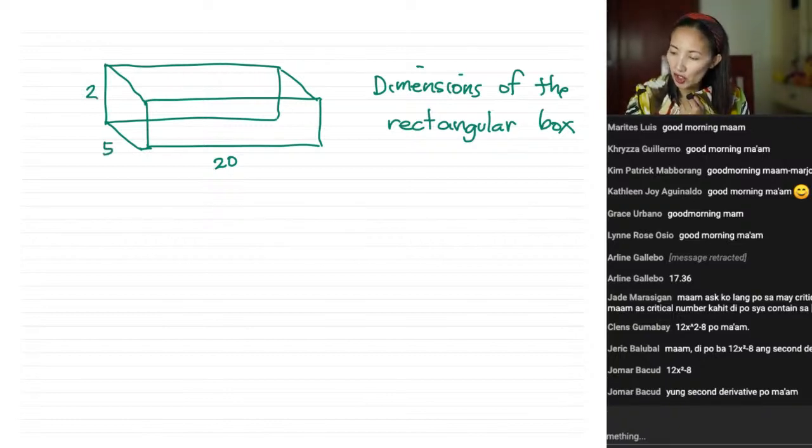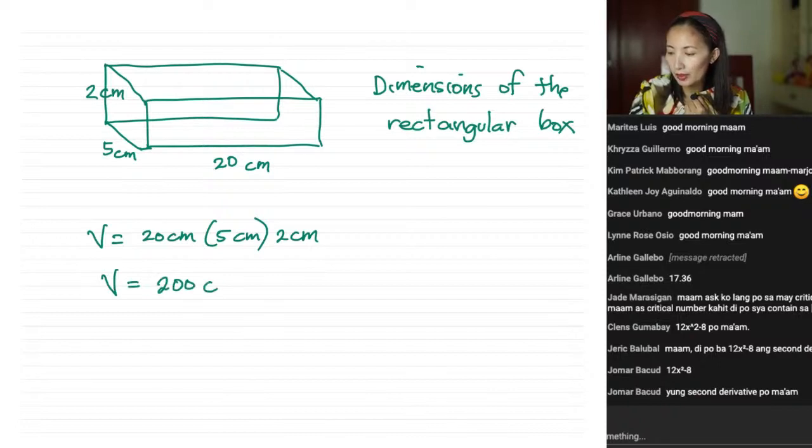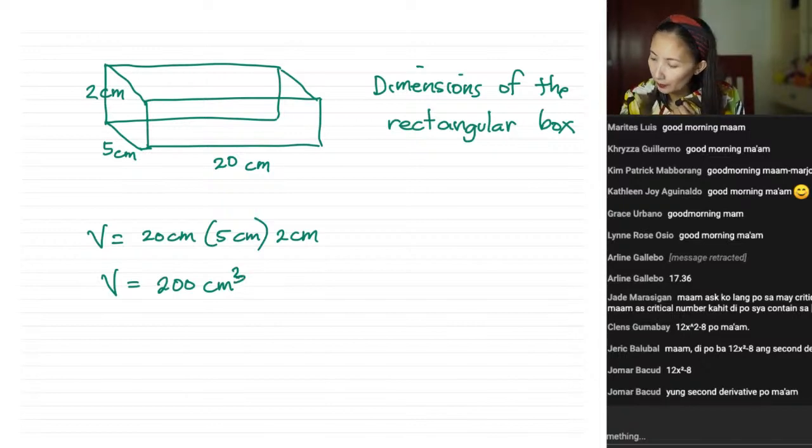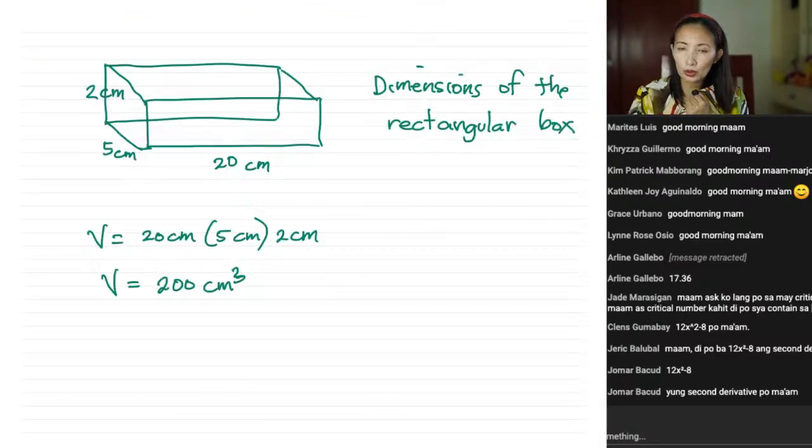So if you check now, the length is 20 cm, the width 5 cm, and the height 2 cm. The largest volume is 200 cubic centimeters.